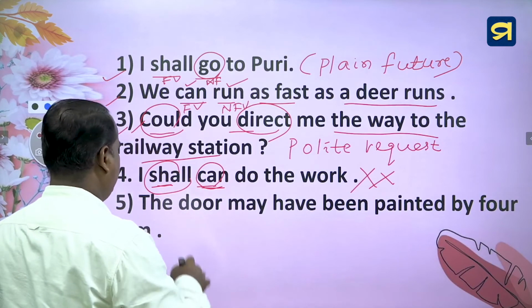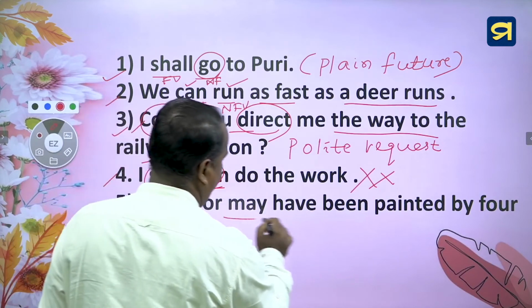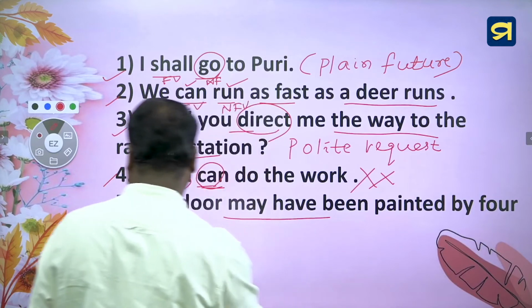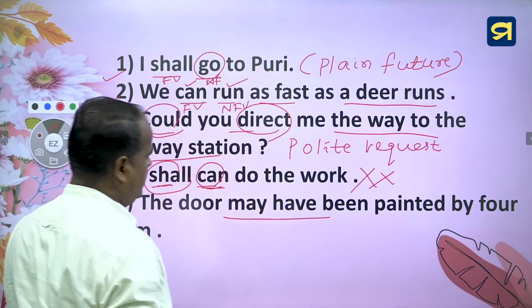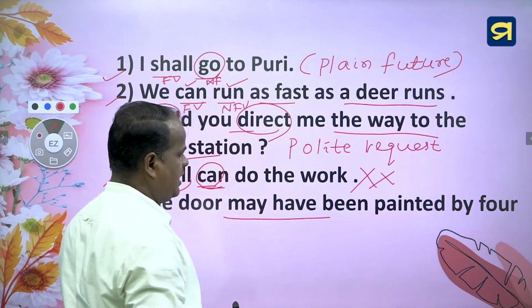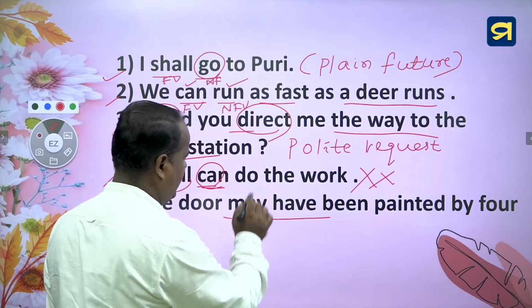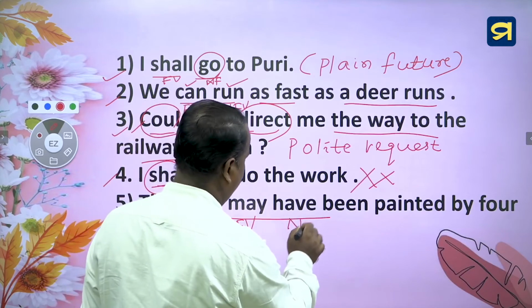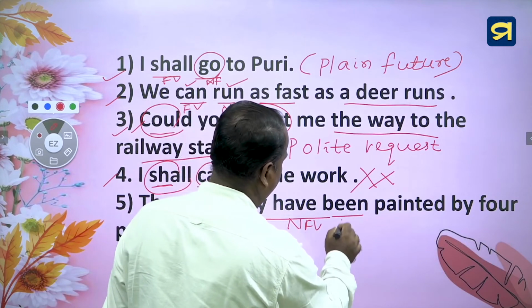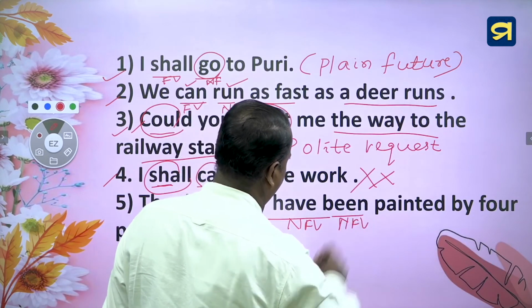Next example, the door may have been painted by 4 p.m. Here may, have and been. May is a finite verb, have is a non-finite verb, and been is also a non-finite verb.